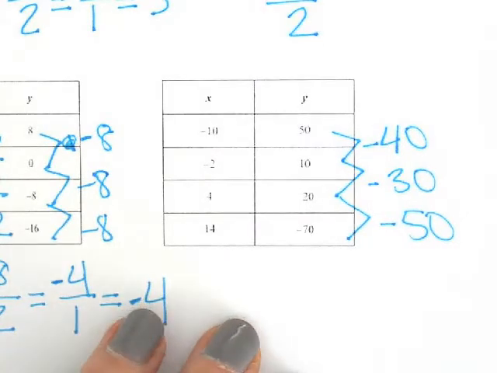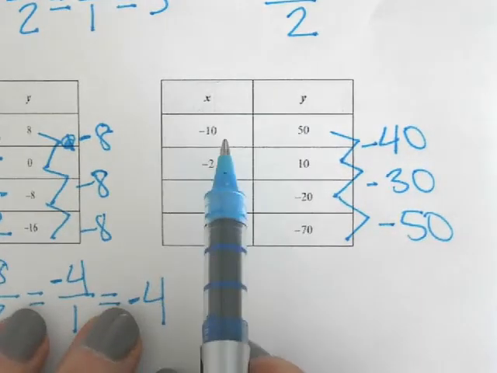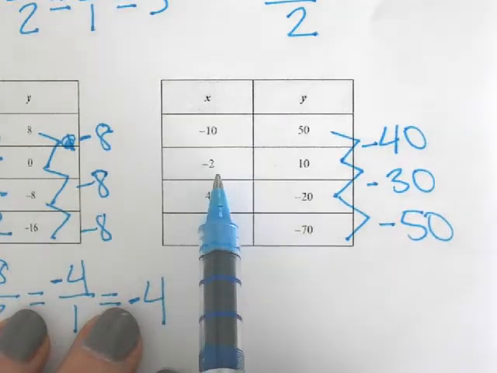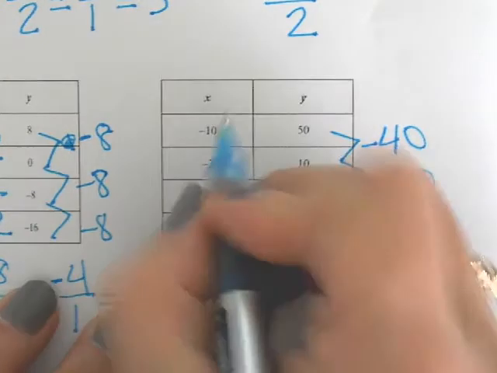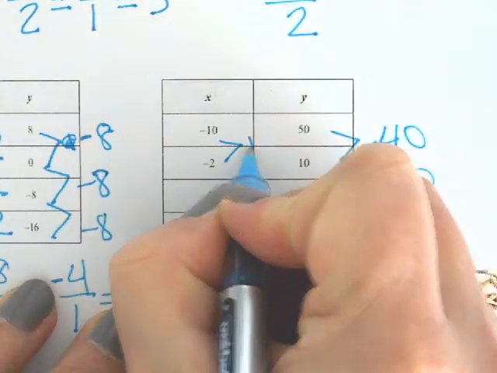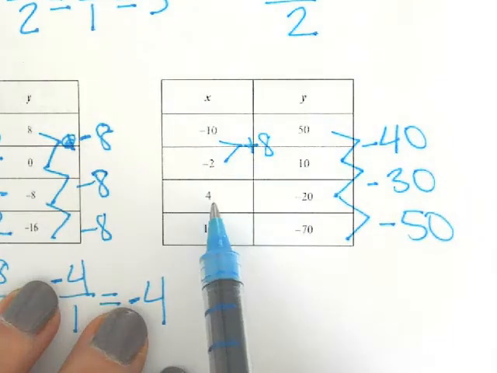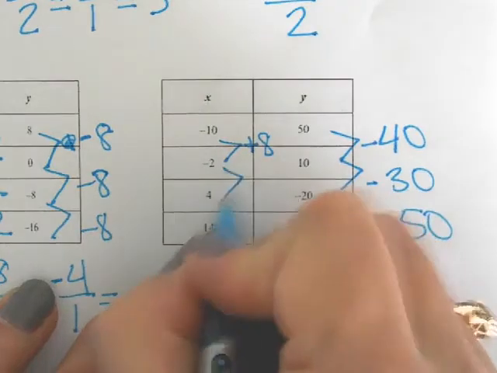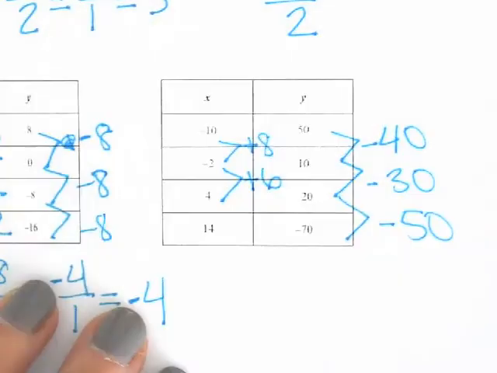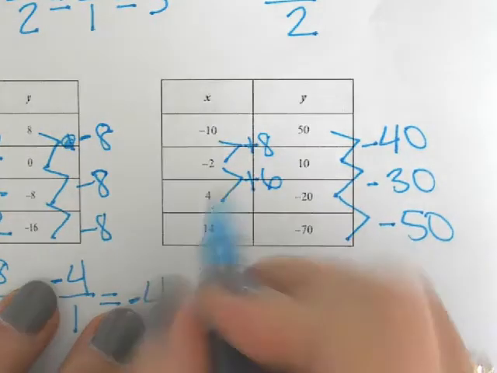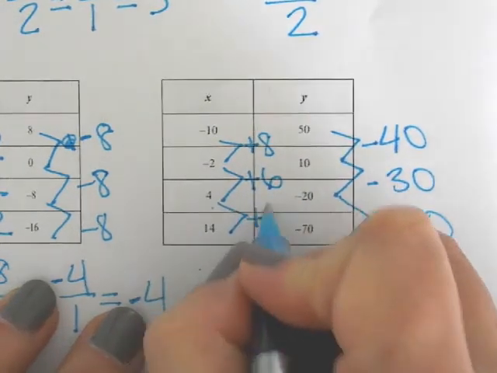Okay, and then I have to check my x. From negative 10 to negative 2, that increases by 8. So I'm going to say plus 8. From negative 2 to positive 4, that increases by 6. So I'm going to say plus 6. From 4 to 14, that increases by plus 10.